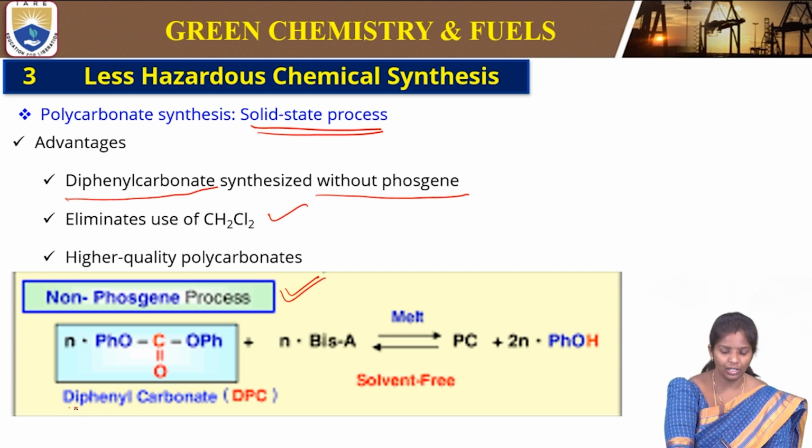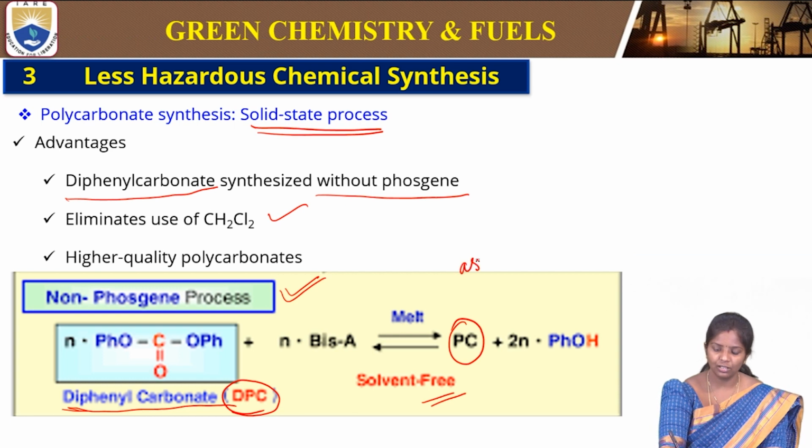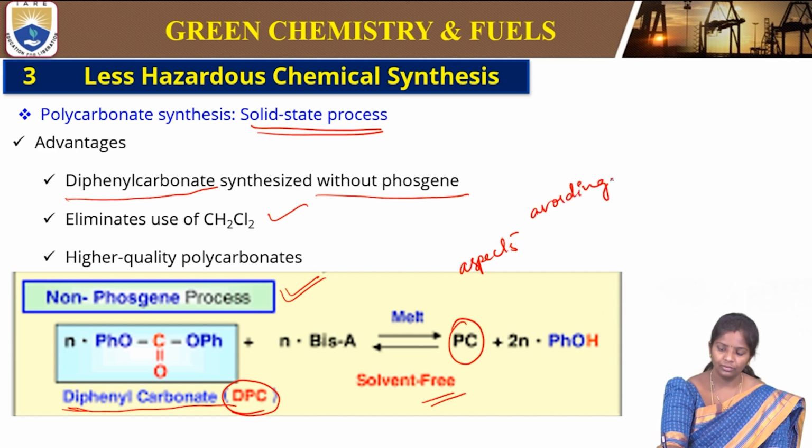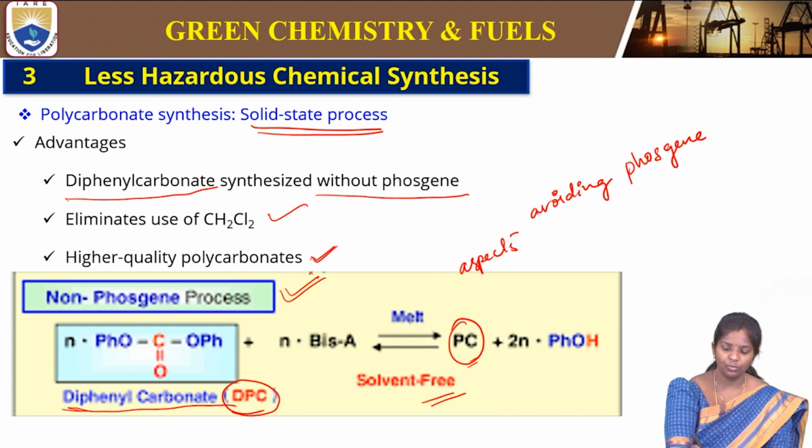Here we are using diphenyl carbonate, the DPC that is used in forming polycarbonate, solvent free. We are avoiding phosgene and producing polycarbonate, so high quality polycarbonates are obtained.